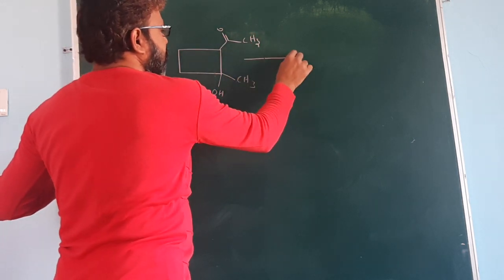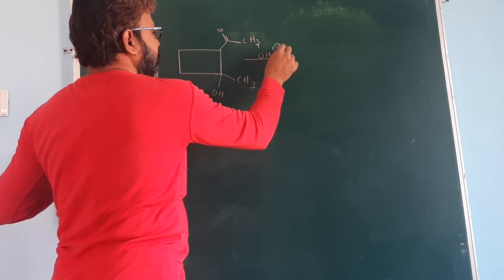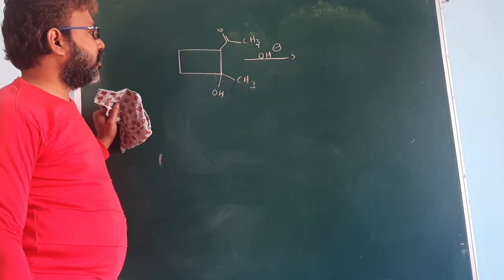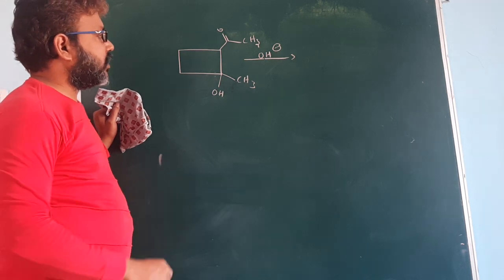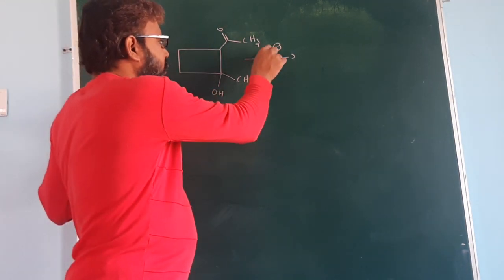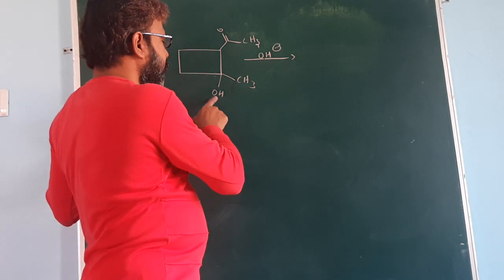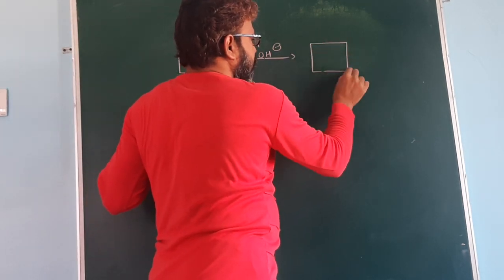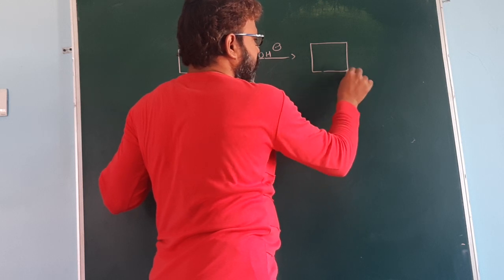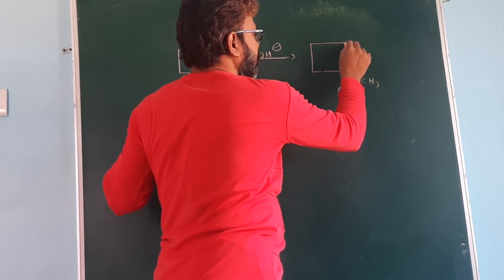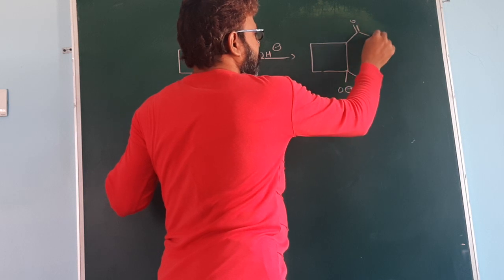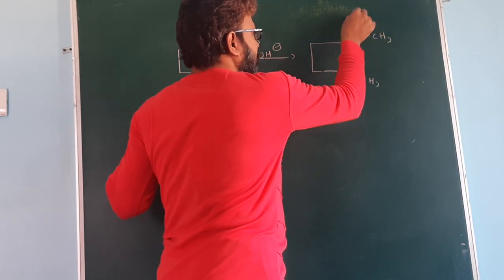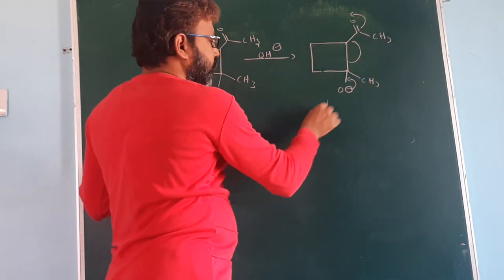So here also the reaction takes place in presence of basic medium. So it has a similar mechanism to the previous one. So OH minus subtracts the proton from the OH group. Now this bonded electron shifted here, this electron shifted here, this electron shifted here.